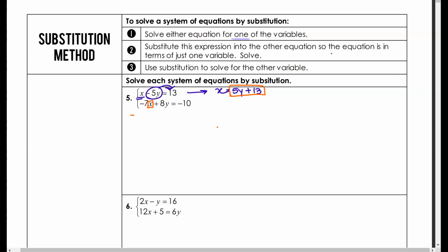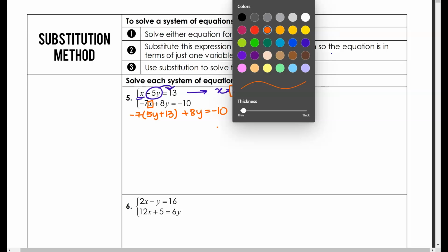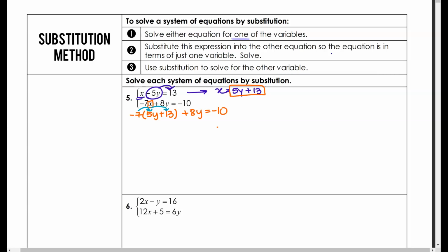So we'd end up with negative 7 times 5y plus 13 plus 8y equals negative 10. So we're going to go ahead and distribute the 7 to both of these, and we get negative 35y minus 91, because of that negative, plus 8y equals negative 10.